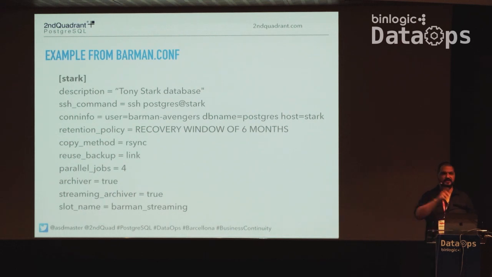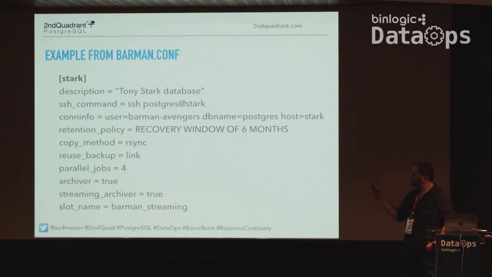We have Postgres in place with the options I showed you. I'm going to show you a typical Barman configuration. We have a server that I decided to call Stack. That is a description, okay? And this is an SSH command that we need to connect with rsync to the server to copy the backup, okay?